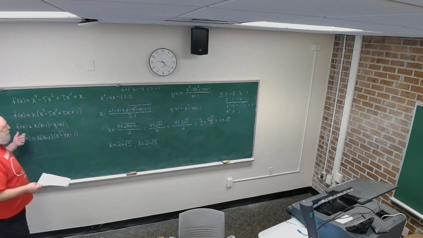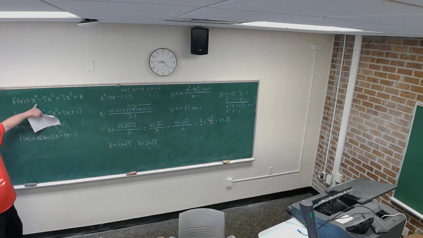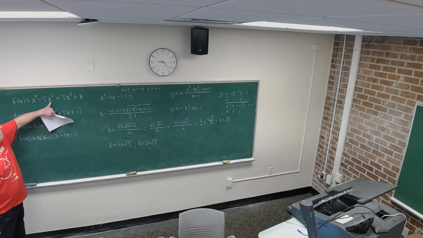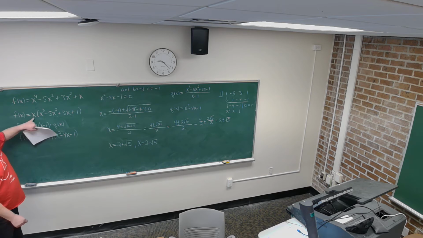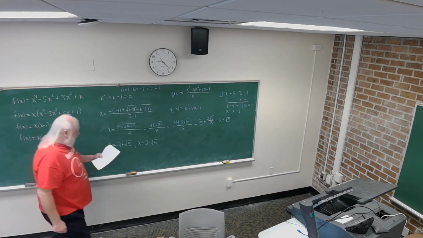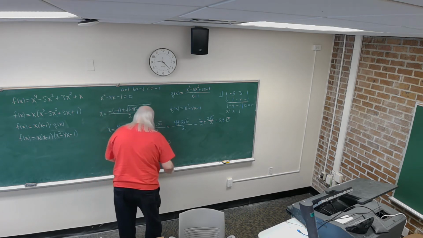Okay, I guess I didn't write it out, but x equals 0 is a 0, right? f of 0 is equal to 0, right? You put in 0 for x, you have 0 to the 4th minus 5 times 0 cubed plus 3 times 0 squared plus 0, which is 0. Right? That's the result of factoring out the x. Okay. So x equals 0 is the third 0.